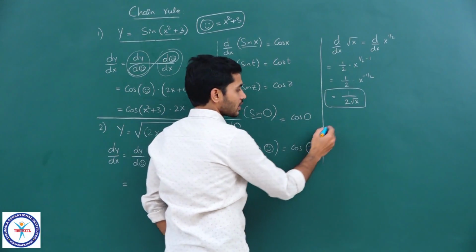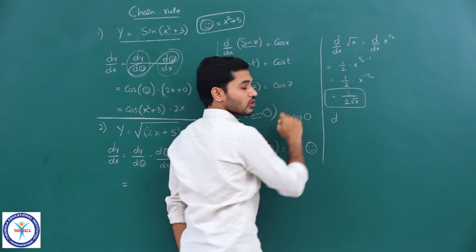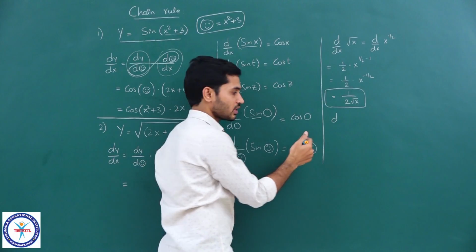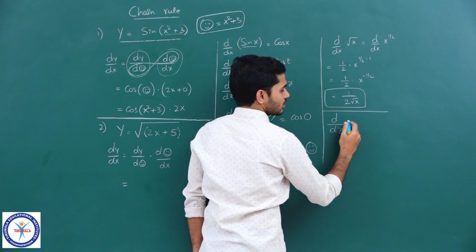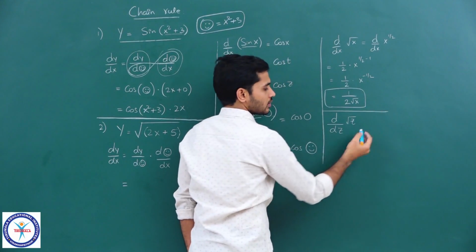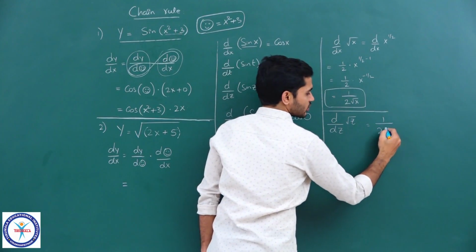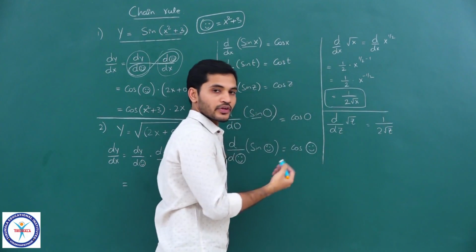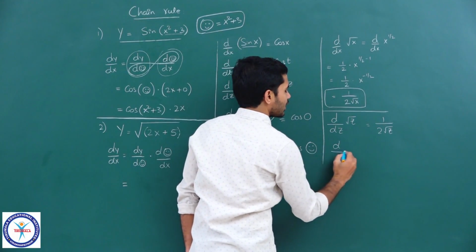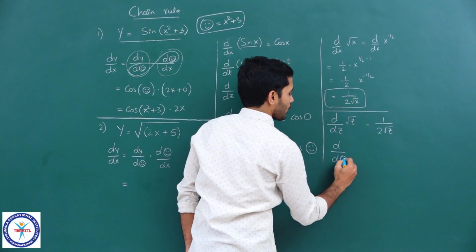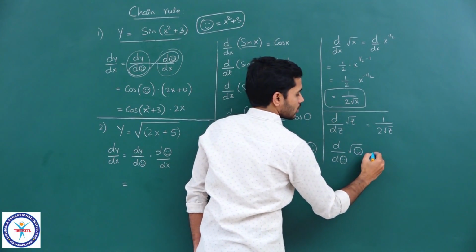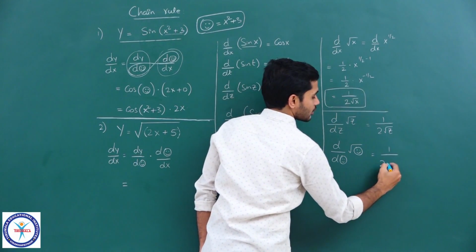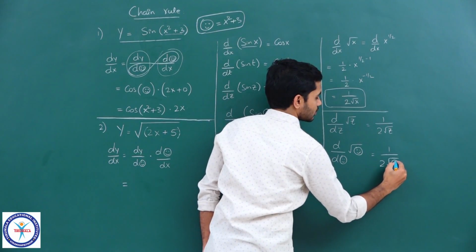In the same manner, should it be x all the time? I can use any expression there. If it is d by dz of root z, then it will be 1 by 2 root z, correct. If I use smiley, then d by d smiley of root smiley is equal to 1 by 2 root smiley.